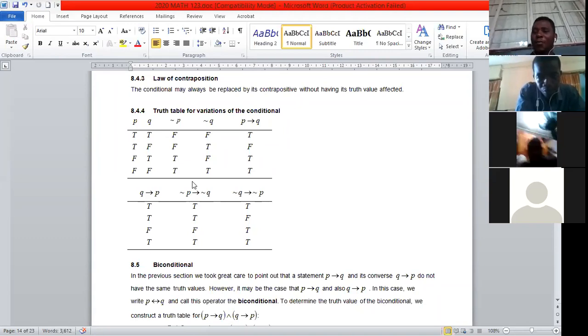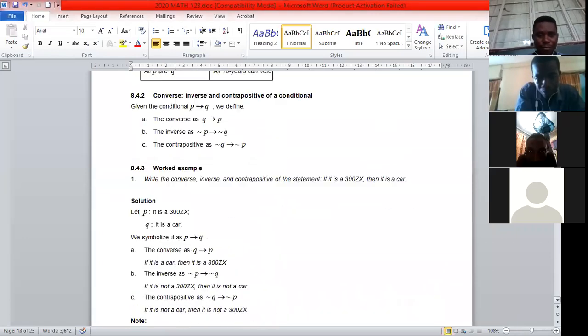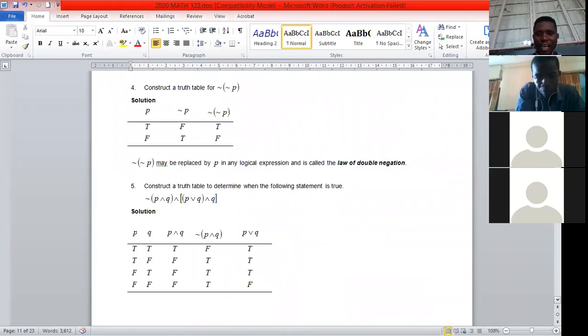I have to construct a truth table for the converse, the inverse, and the contrapositive. Look at them here. You already have them. This is how you construct truth tables.